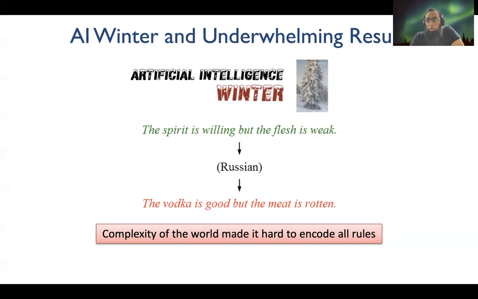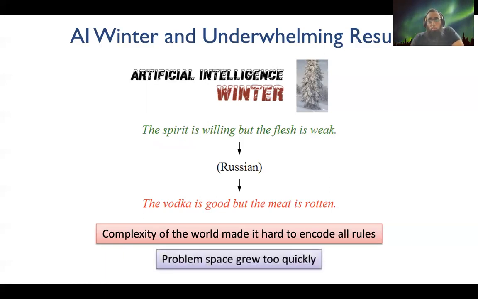And also, it is hard to cover all the cases in real life. We have some sense of how probabilities work, but programming all of that in the early era in a rigorous fashion using the technologies of that time was difficult. And also the problem space grew too quickly, and the algorithms became very complex.